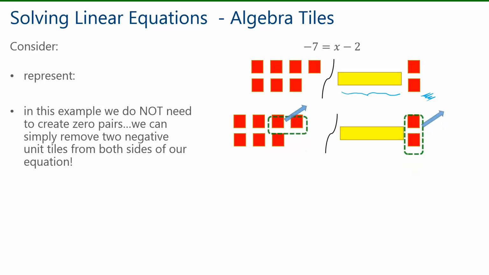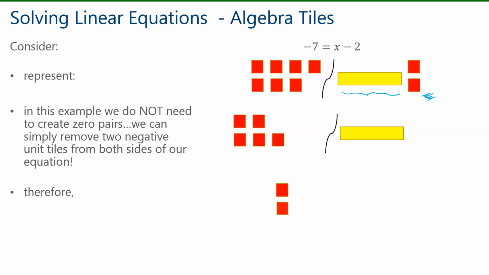Here's the original 2 unit tiles that I'm going to remove. There they go. And yes, we've isolated the variable tile, which is exactly what we want. So therefore, our variable x will equal 5 negative unit tiles, which means x equals -5.